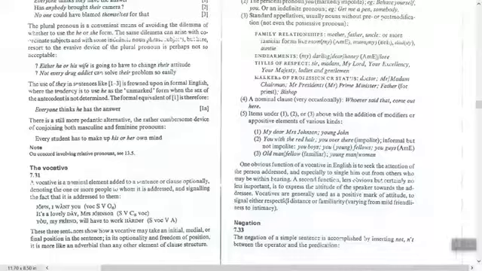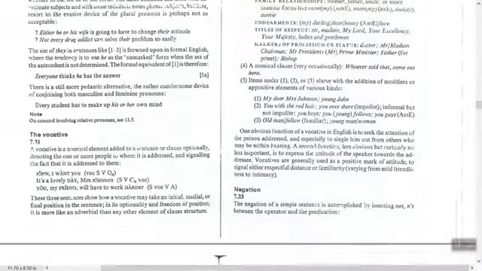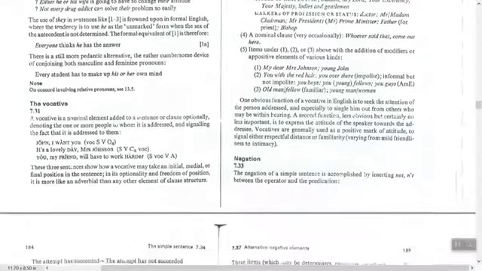Vocatives are generally used as a positive mark of attitude, to signal either respectful distance or familiarity, varying from mild friendliness to intimacy. Okay, this is the function of vocative.